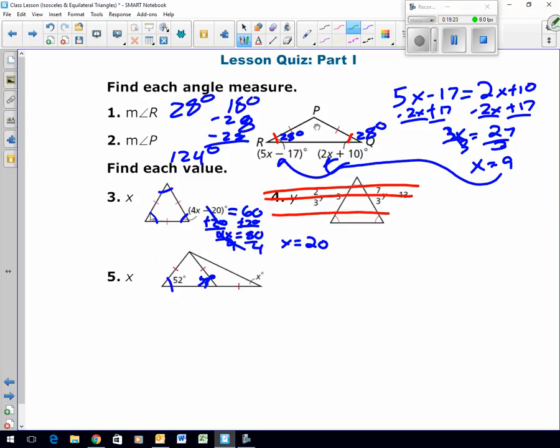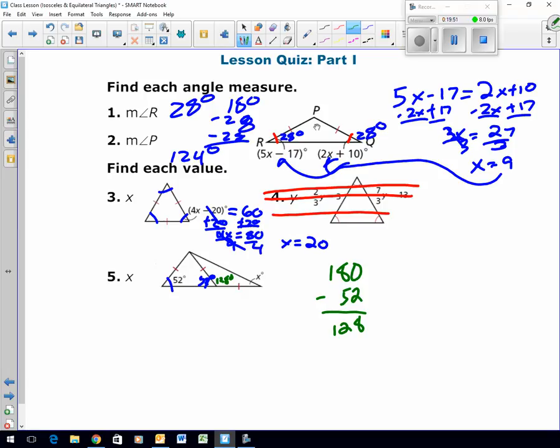Mr. Mooneyham, how many degrees are on a line? 180. I've just given you 52 of them. How many are left over? 128. All right. Here's 128 degrees.